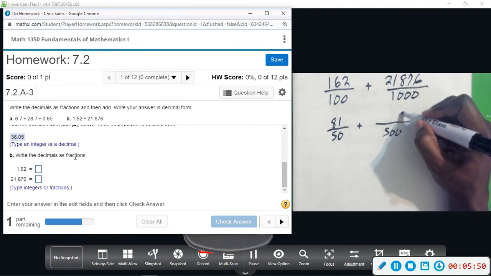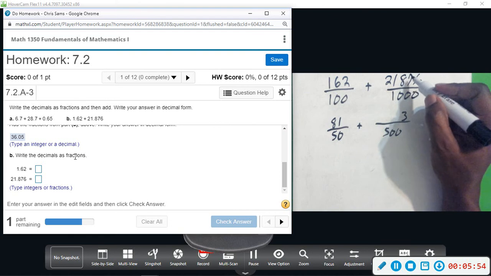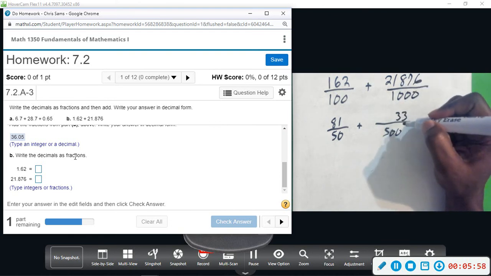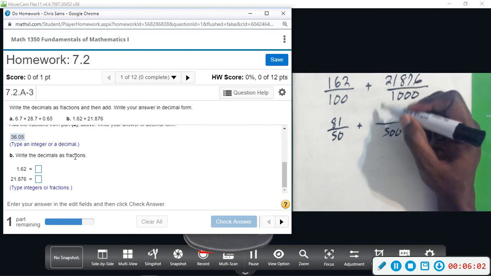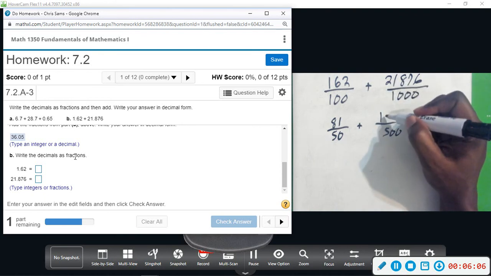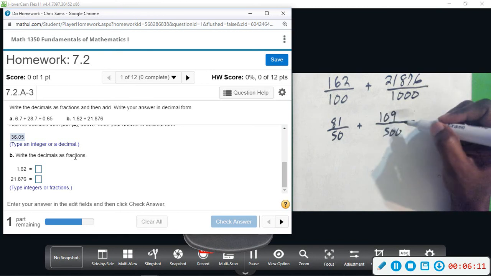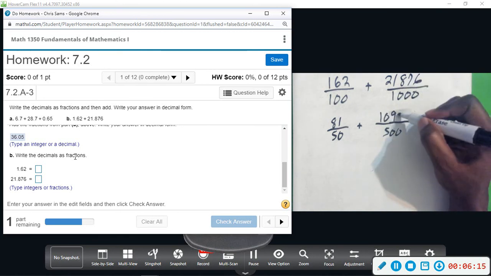Let me do that working backwards. 2 goes into 2 once, into 1 zero times, into 18 9 times, 7 3 times, and then 16 8.